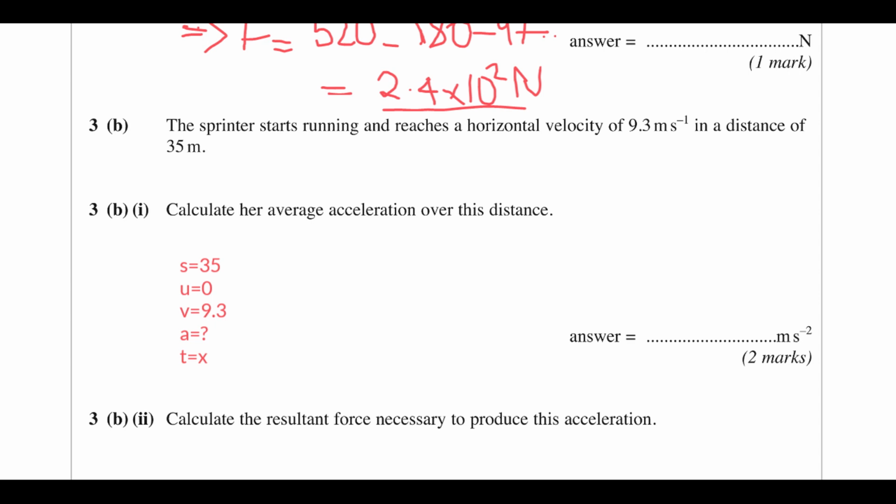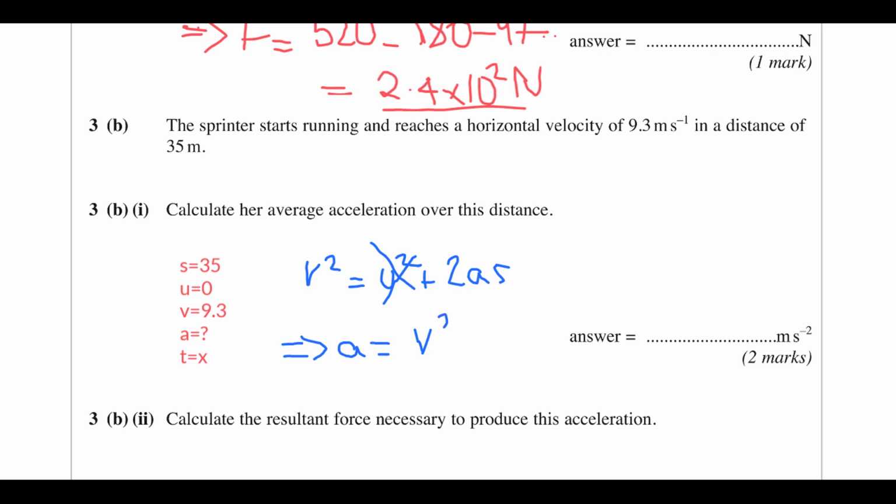So what we want is an equation without t in it. So that leads us to using this equation right here. We can get rid of the u squared because we know it's 0. So acceleration, so average acceleration, or assuming acceleration is constant, is kind of the same thing.